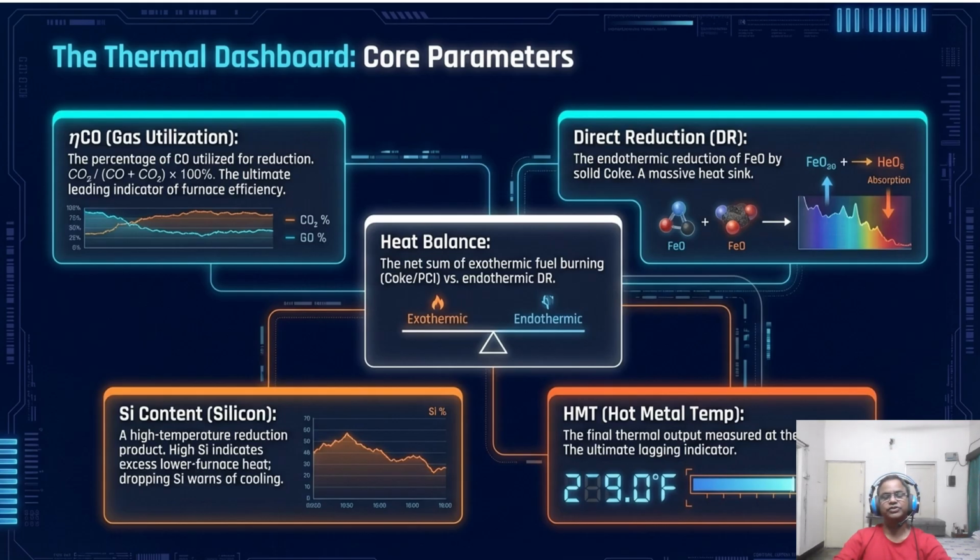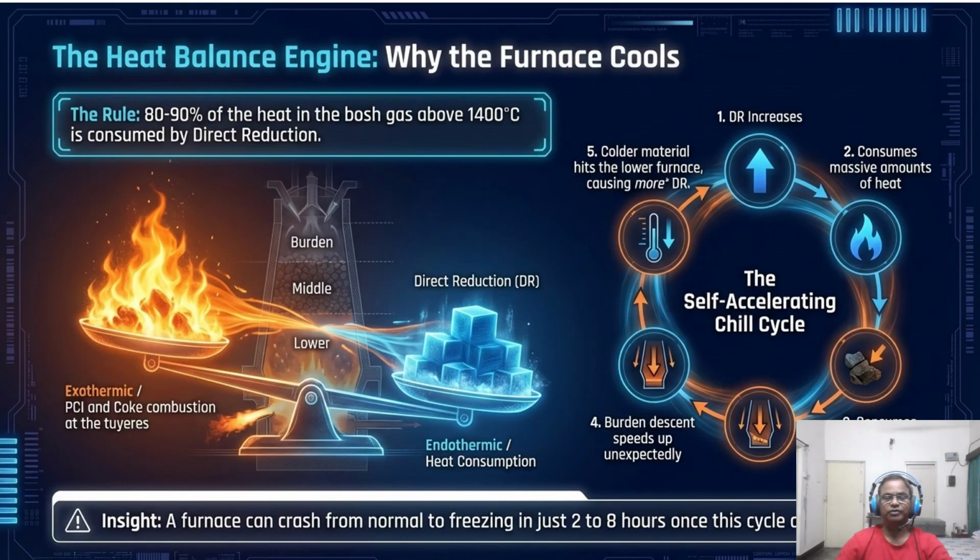If the silicon is dropping, the furnace has already cooled down. When that balance in the center of the dashboard tips towards the endothermic side, a dangerous cycle begins. In the subsequent slide, we are going to discuss the heat balance engine, why the furnace cools.